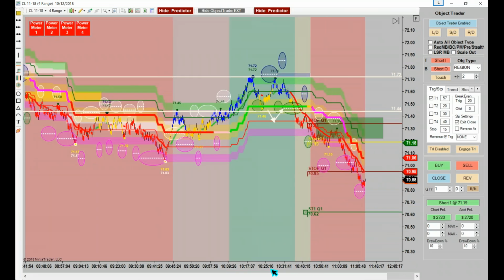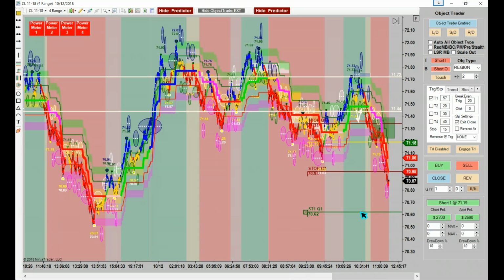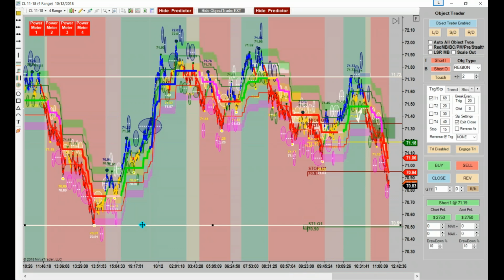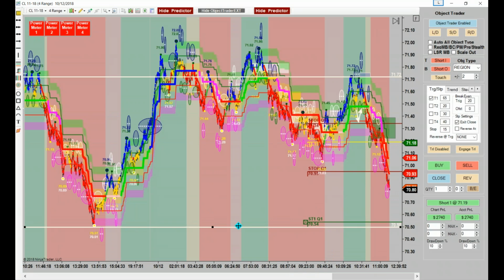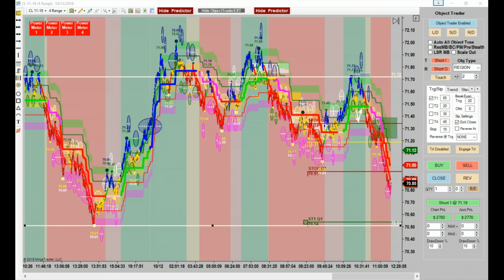Look to the left to trade the right. Target down here at the bottom. Fade it a little bit just in case it bounces. And let's see what it did. It'll either stop us out or give us a good trade. Lower high. Stopped us out instead.